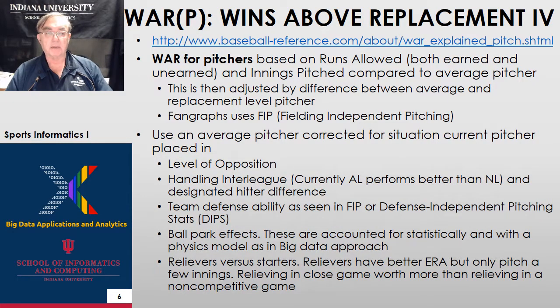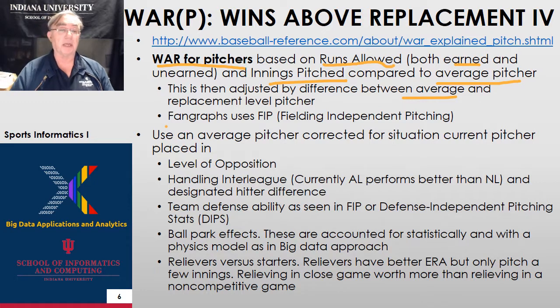So here we now look at pitchers, and you have to look at the runs allowed, which are earned runs and unearned, and the innings pitched compared to the average pitcher. And then you again go from average to replacement. And to do this, you do it in different ways for the different measures.